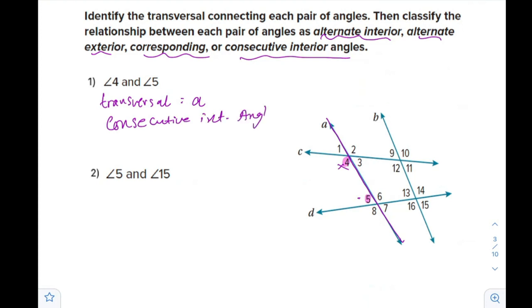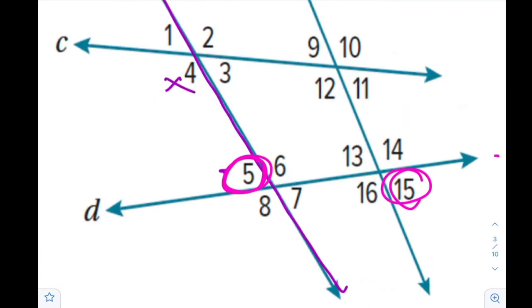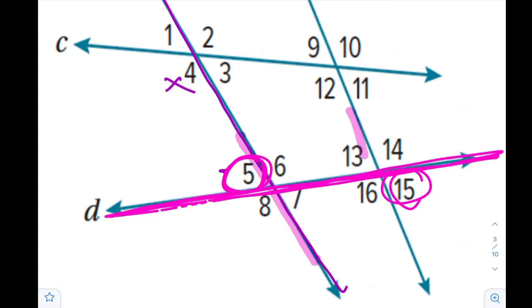interior angles. Next, we have angle 5 and angle 15. So this is angle 5 and this is angle 15. Where is the transversal that both lie on? Both lie on this transversal, right? What does it cut? It cuts this line and this line.